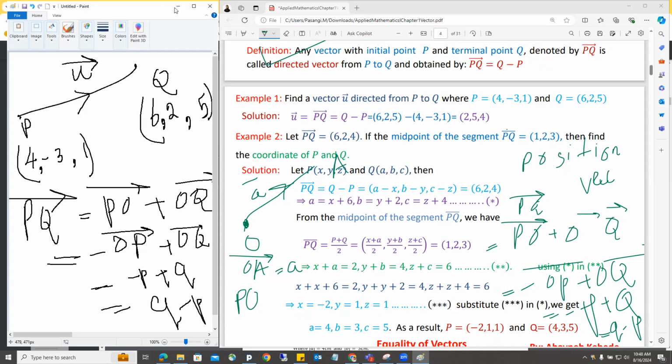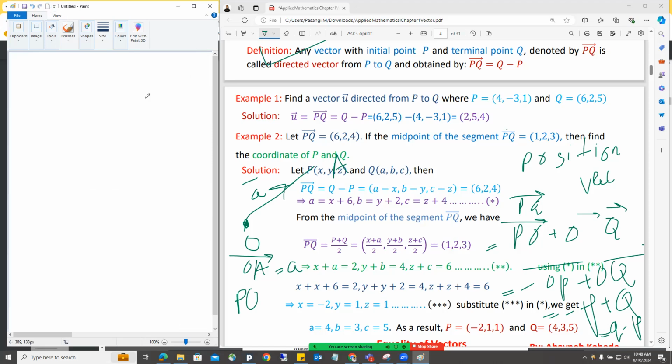Now, in example 2, they have asked us to calculate the midpoint of the segment. So how are we going to do that? They have given the PQ vector. We already have that PQ vector.